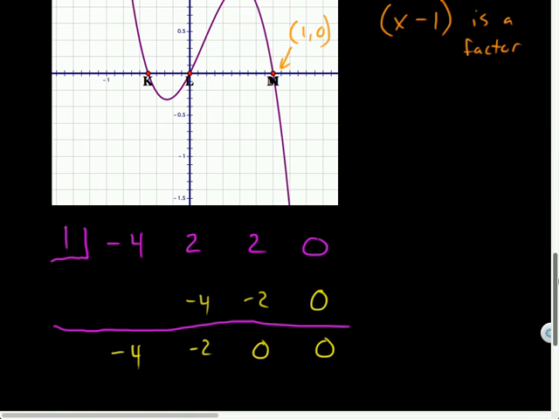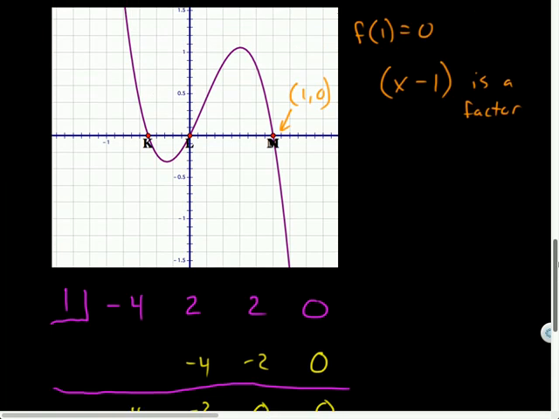So, what information can you guys tell me about this? Was I right about x minus 1 being a factor? How do we know? The remainder is 0. So, okay, that's good news.